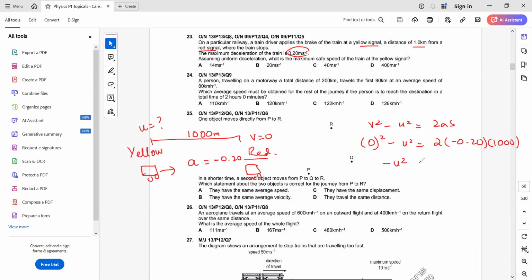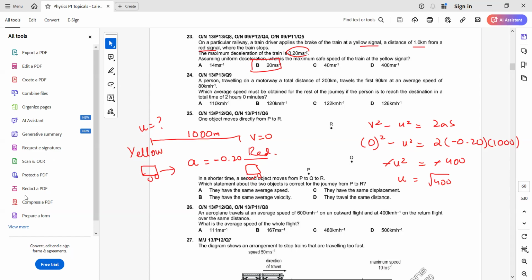So negative u squared would be 2 times 0.20 times 1000, that's negative 400. So u would be equal to square root of 400, and that would be 20. So do we have 20 as an option? Yeah, 23 is free.